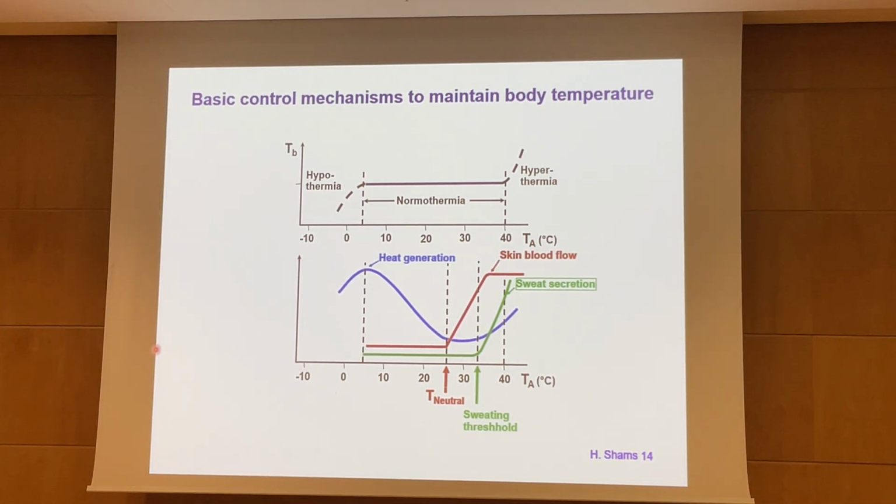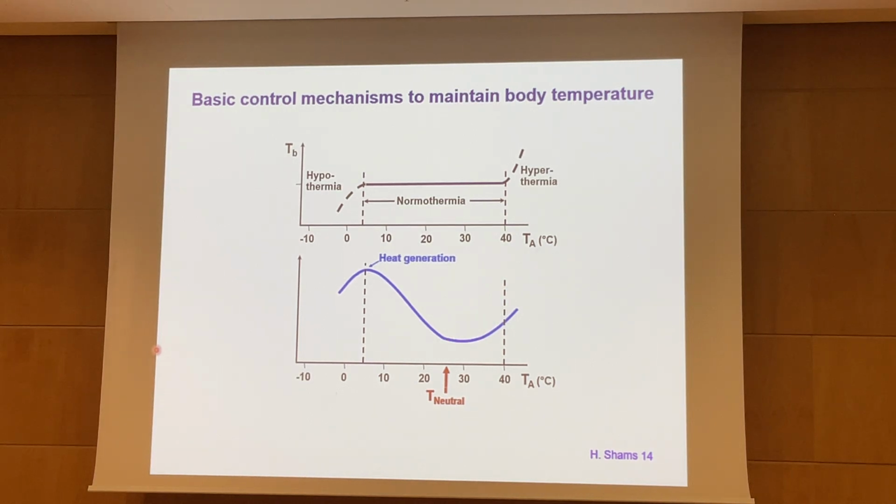But now, what happens if the ambient temperature goes above 26? Then we must reduce the heat production. We cannot reduce this too much because it is at its minimum.